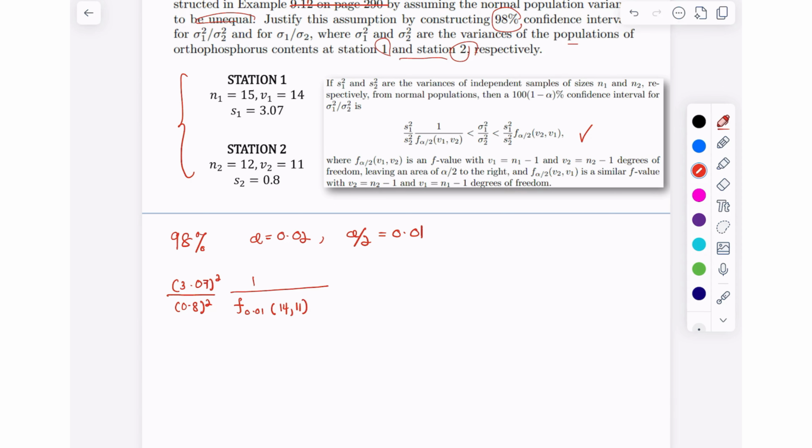Okay, this is less than the ratio, and then this is the same thing.